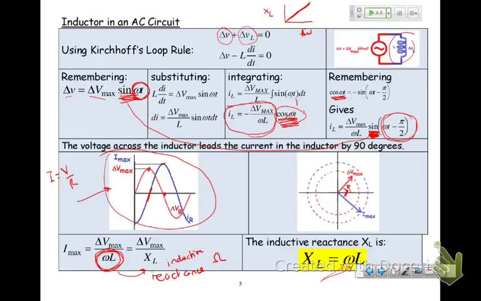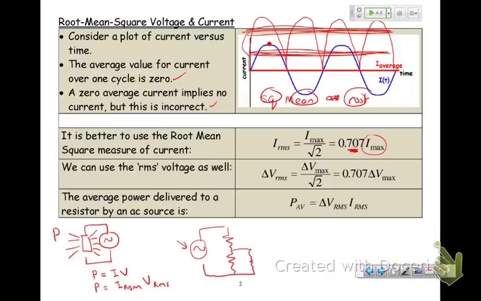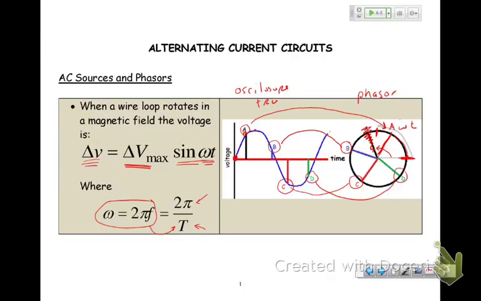So what's the skill set? The skill set is, can you do RMS? And then can you do XL and XC?